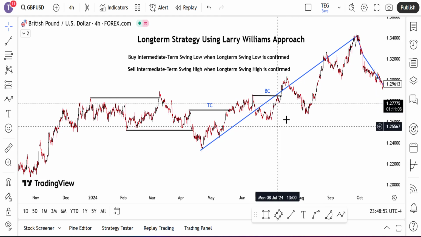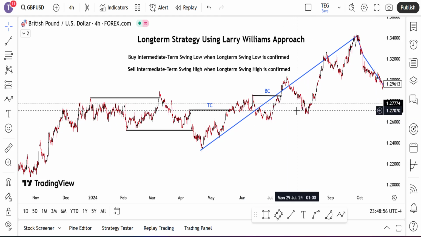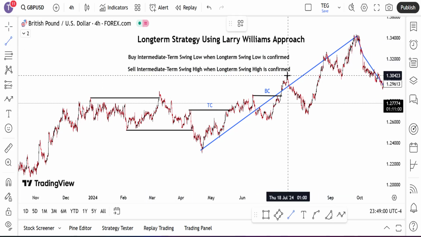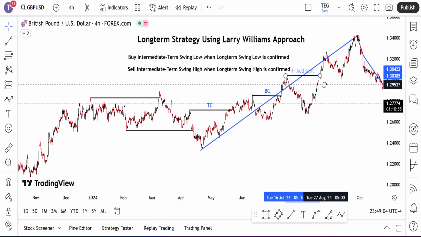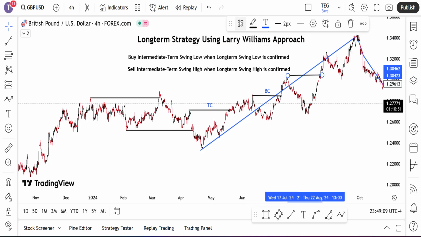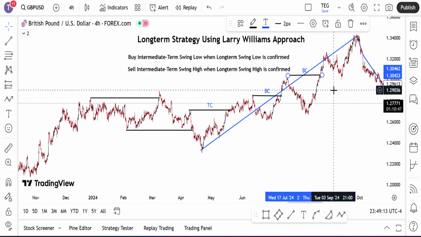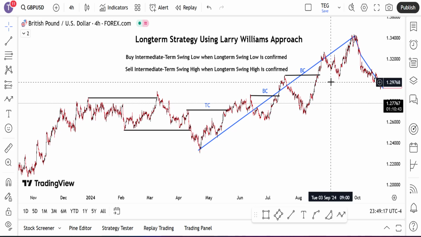Price retraced into our intermittent swing low. After it retraced, what happened again? We look for another approach. Look at what happened when price became bullish after breaking out, which is after giving us our BC up, continuation of our bullish structure using Larry Williams approach.